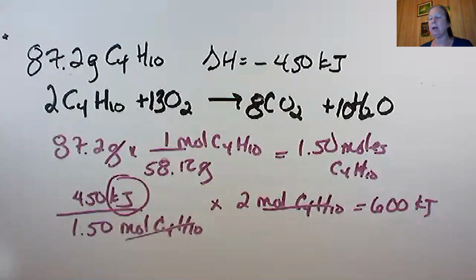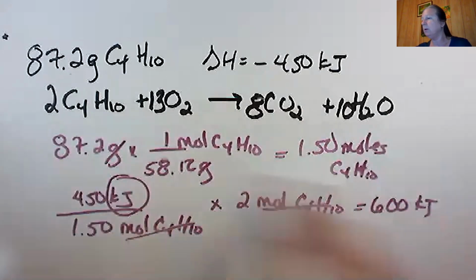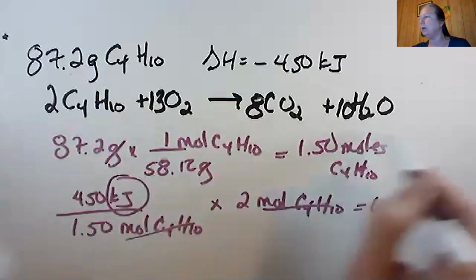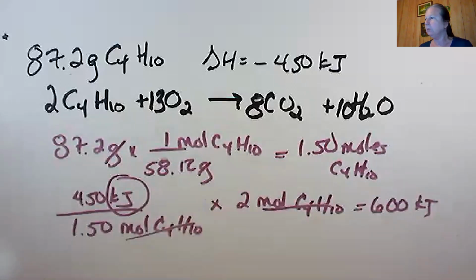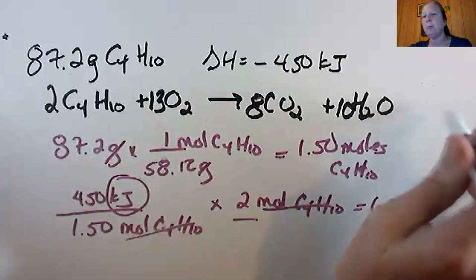So for the reaction, this is your relationship, and then we used this equation to say that's the specific relationship, but for each 2 moles, how do I put it in here? It's 600 kilojoules for every 2 moles of hydrocarbon, because that's what you have in your relationship, which means that's what you can now put over here.